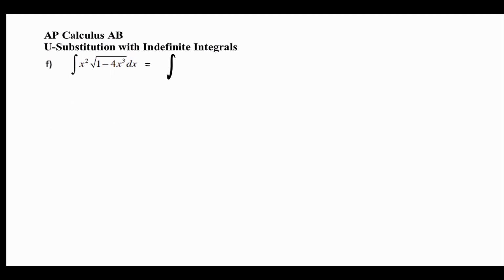Okay. All right, so the first thing we have to do is change the root to a power. 1/2 power, 1 minus 4x to the third. So the argument is 1 minus 4x to the third.